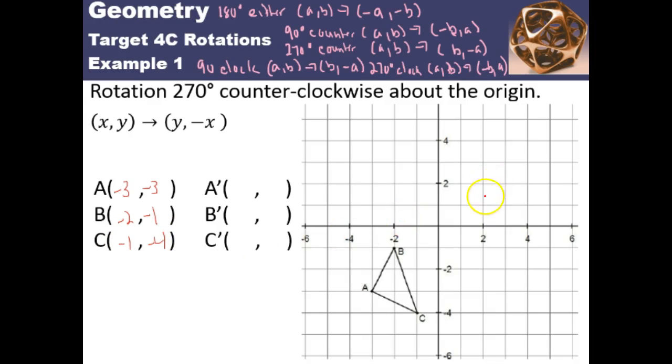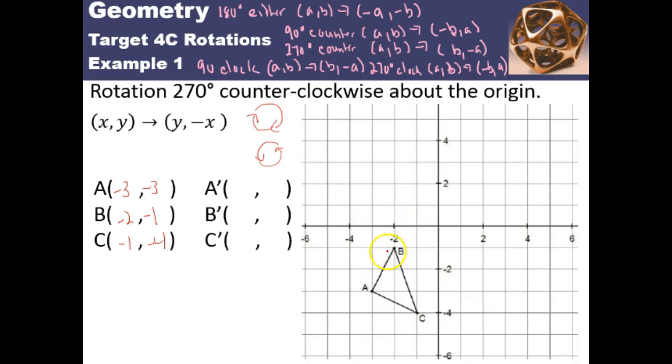Okay, now I think it's super important that we think about where this is going to end up first, so that when we get our answer we can see if it makes any kind of sense. So remember, going this way is clockwise, but we're going this way, and that's counterclockwise, right?